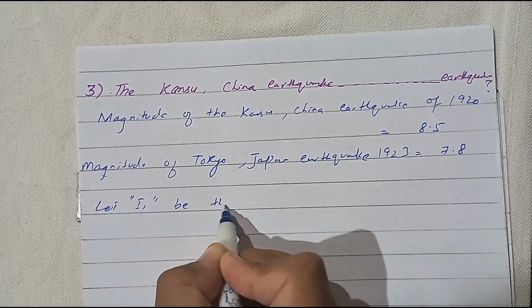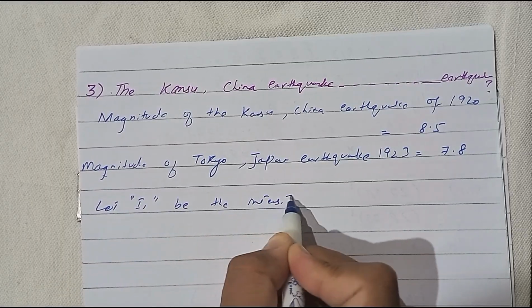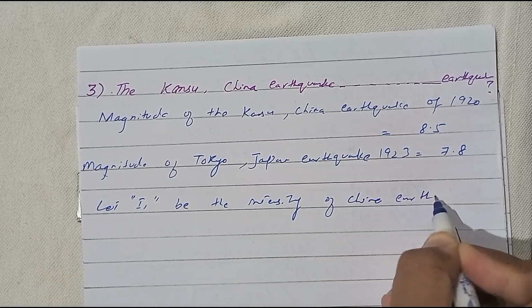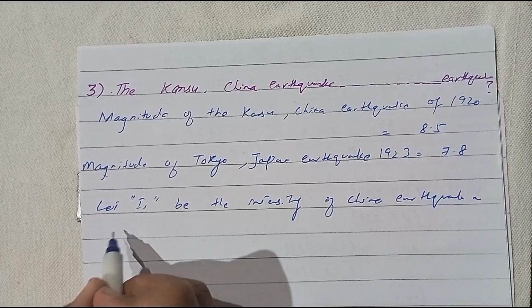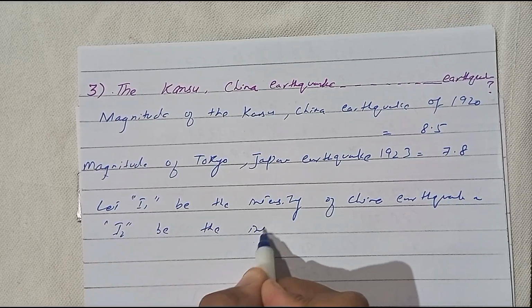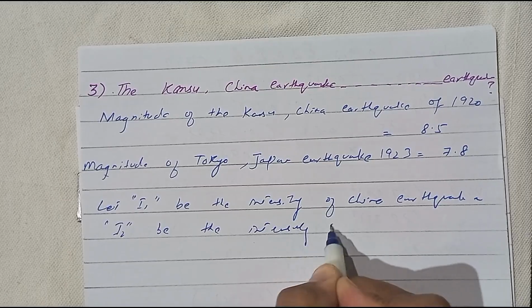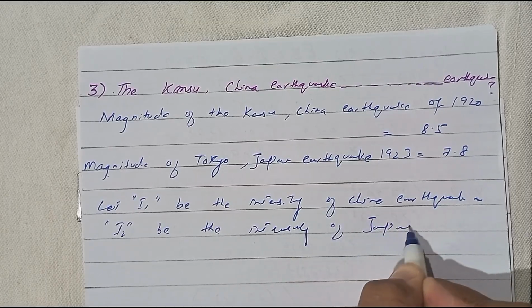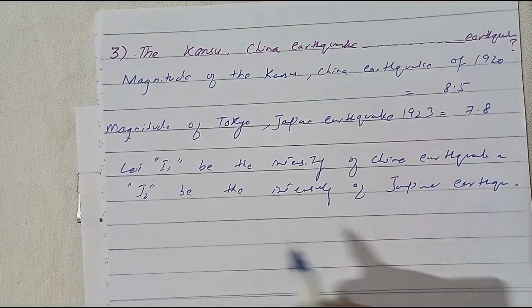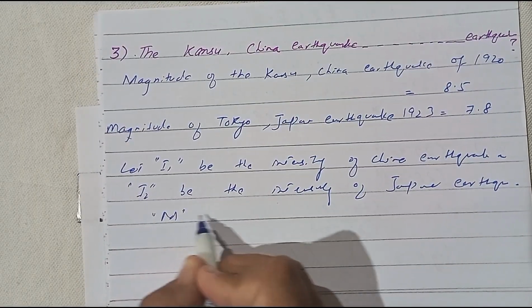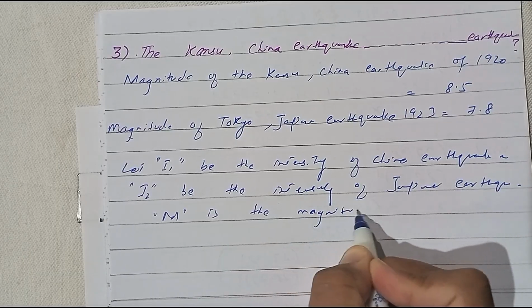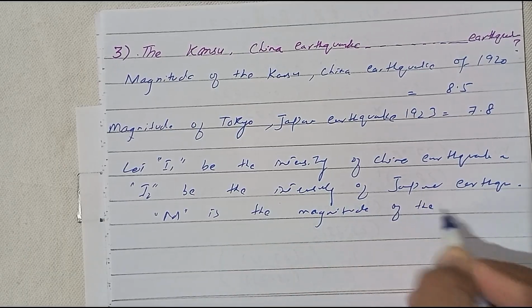So first we let that I1 be the intensity of China earthquake, I2 be the intensity of Japan earthquake, and M is the magnitude of the earthquake.